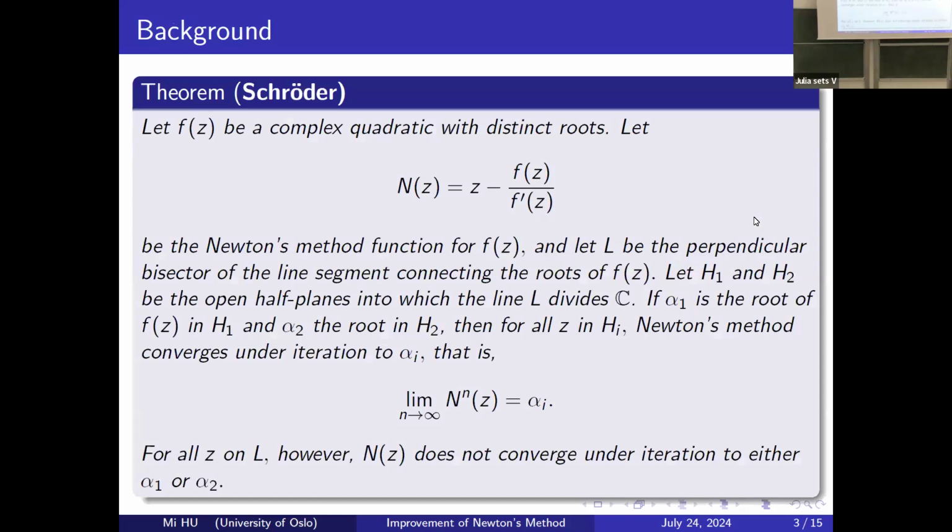Let's see, this is a very famous theorem, Schroeder's theorem. It says that for any quadratic function with two different roots, alpha1 and alpha2, you iterate the function, apply the Newton method of this function f, and let R be the perpendicular bisector of this segment of two roots.